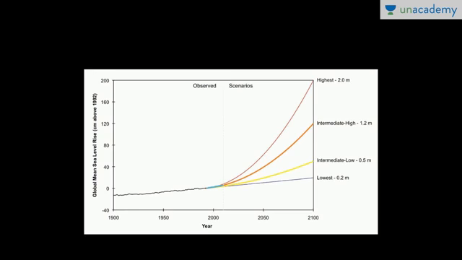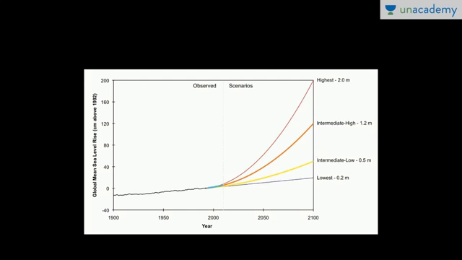This global warming is leading to mean sea level rise, right? It is expected that the global mean sea level may increase by 2 meters by the end of this century, right? And this 2 meter increase may lead to catastrophic consequences, especially on the coastal areas.